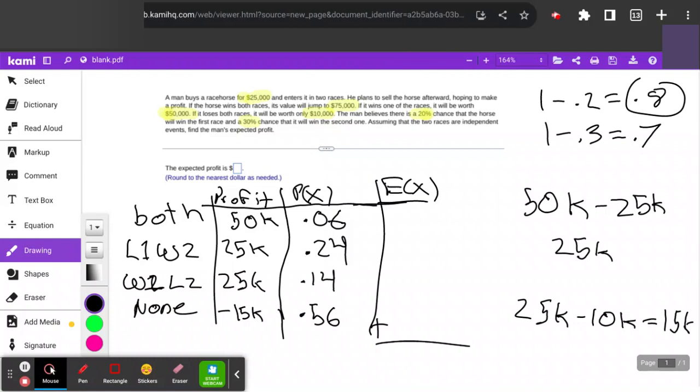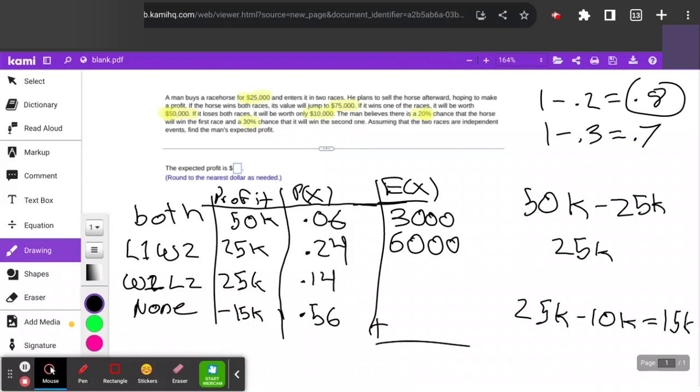So now we just have to find expected values. We're going to do the profit times the probability that that profit happens. So 50,000 first times 0.06 is 3,000. Then we're going to do 25,000 times 0.24, which is 6,000.